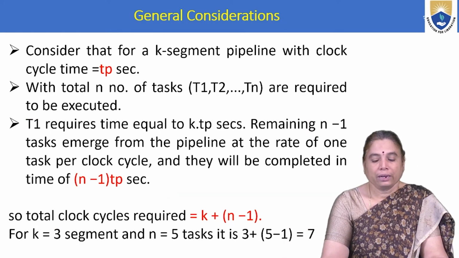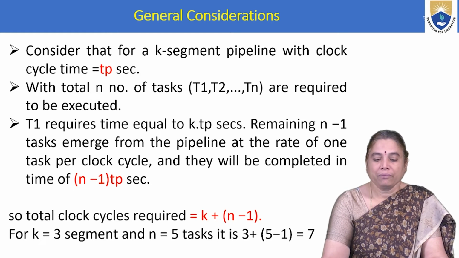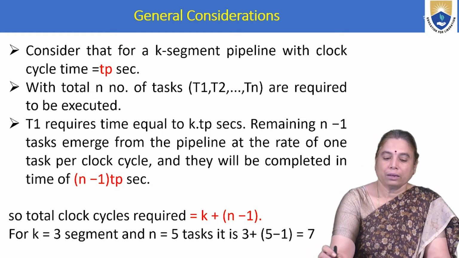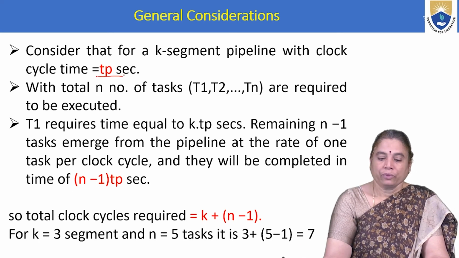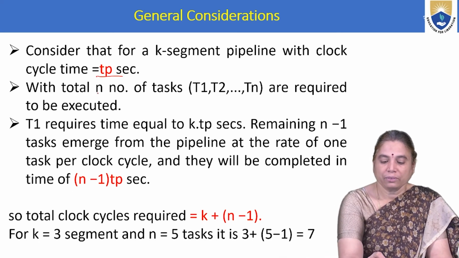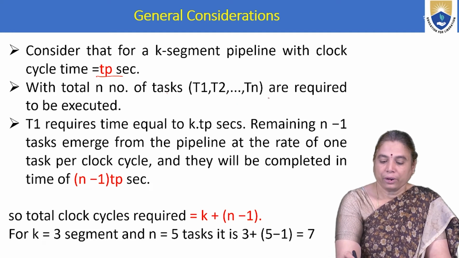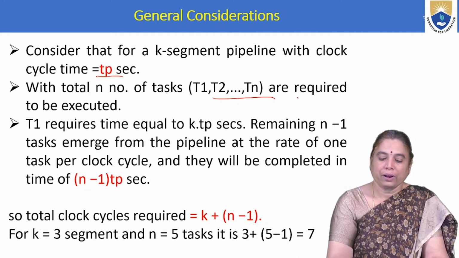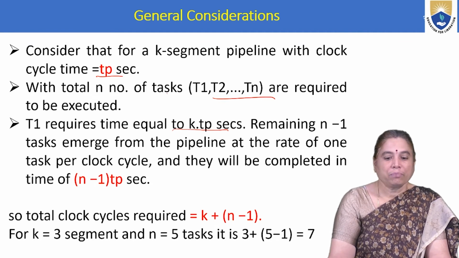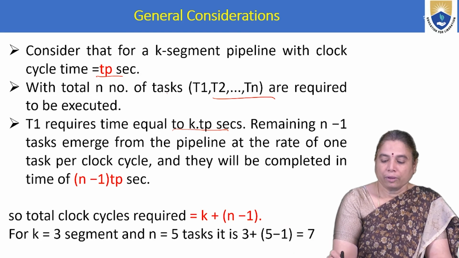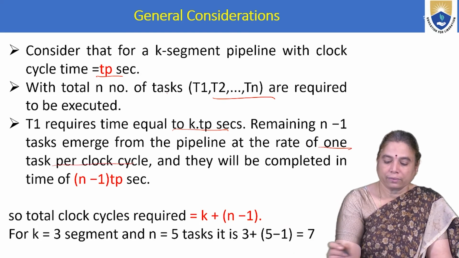So here, consider a k-segment pipeline with a clock cycle time of tp seconds. With n tasks, T1, T2, etc., Tn, required to be executed. T1 requires a total of k times tp seconds, and the remaining n-1 tasks emerge from the pipeline at the rate of 1 task per clock cycle.